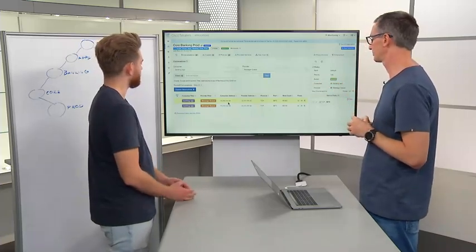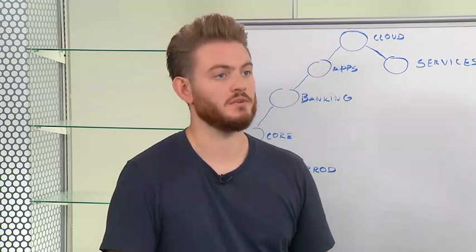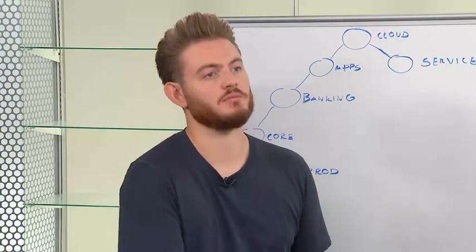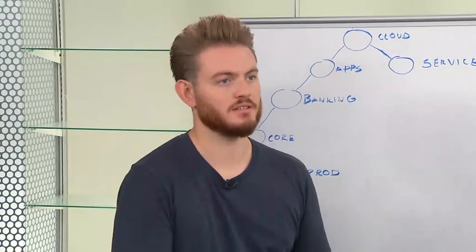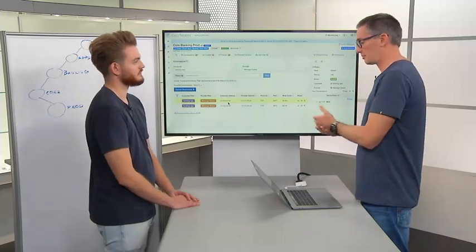And this could be useful if I have a group or a scope that's communicating to something that has lots of endpoints in it, and I want to see exactly which endpoints inside that scope were communicating. Exactly, and that could be a way to start to refine the policy more. Sometimes there will be a larger scope, and maybe there's only a small number of IPs that you're communicating to.